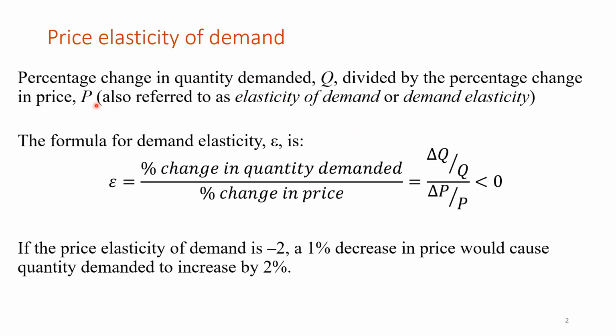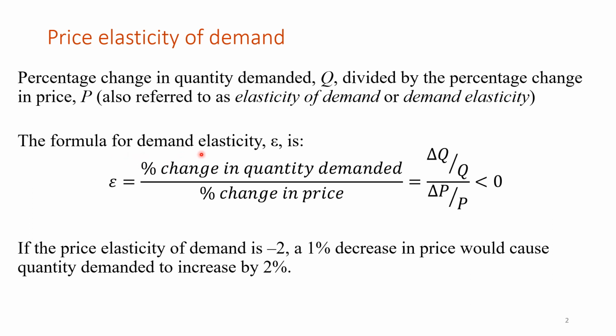As you may have expected, the price elasticity of demand is simply the percentage change in the quantity demanded, Q, divided by the percentage change in price, also referred to as the demand elasticity.